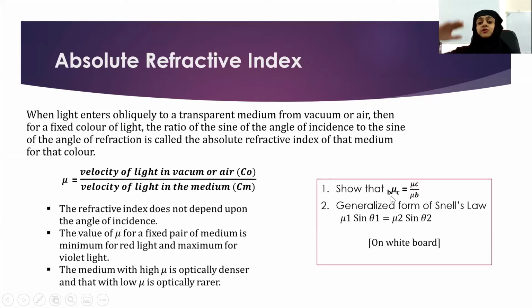If you have two media, B and C, and light is coming from B to C, then the refractive index of medium C with respect to medium B is equal to the absolute refractive index of C divided by the absolute refractive index of B. I will show that on the whiteboard. So I will stop sharing this screen, and we will derive this expression on a whiteboard.